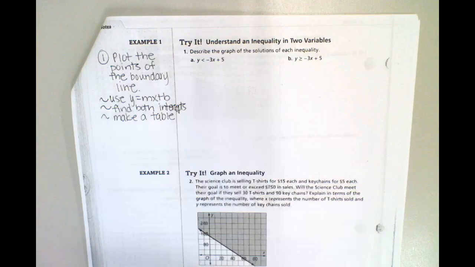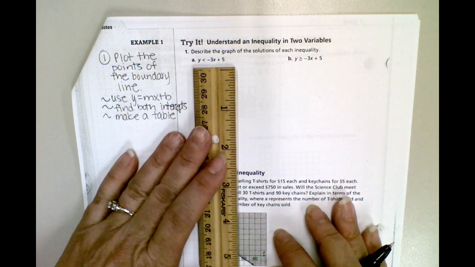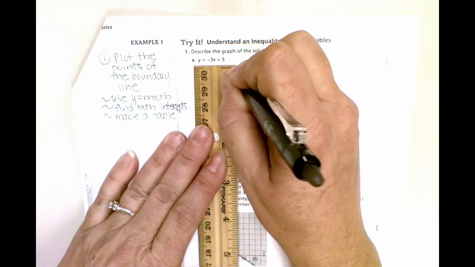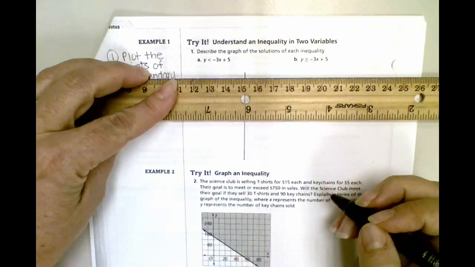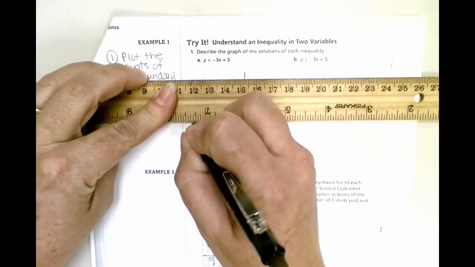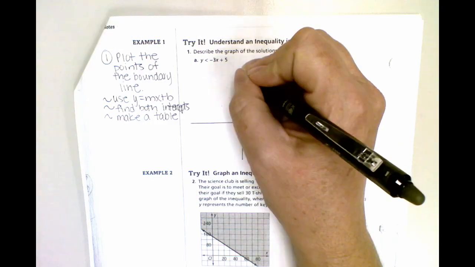So we are going to look at step 1 for try it number 1. First thing you're going to need to do is draw yourself a coordinate plane. I'm going to use a straight edge here to help make it more accurate. So here are my x and my y axes.